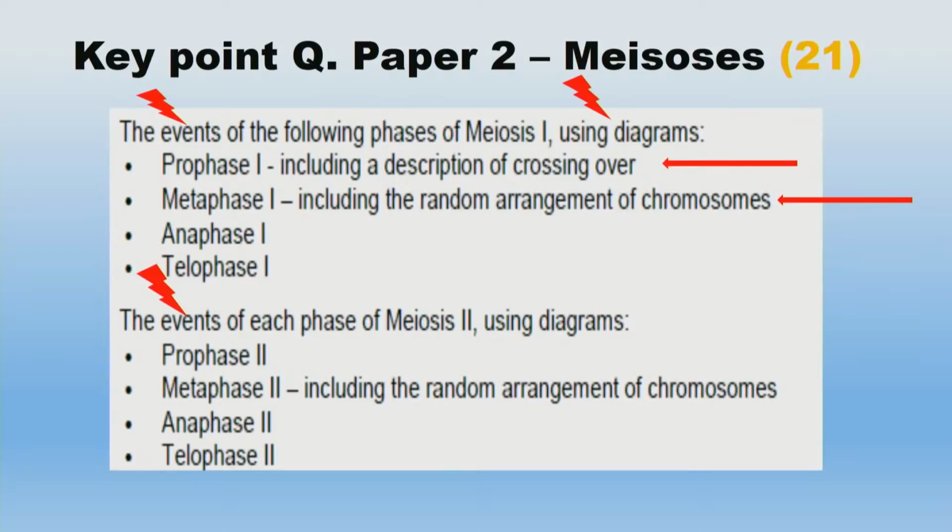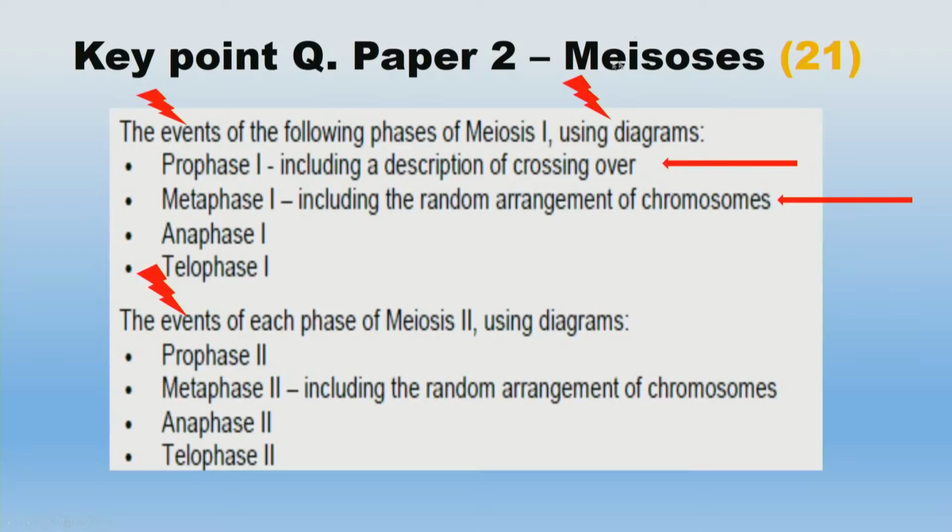And I think that is a nice question to ask in a question paper, to test if learners know the role of meiosis in prophase 1 and metaphase 1. So I want to emphasize that one. That can be asked in paper 2 because we have meiosis, genetic variation, and evolution in paper 2.